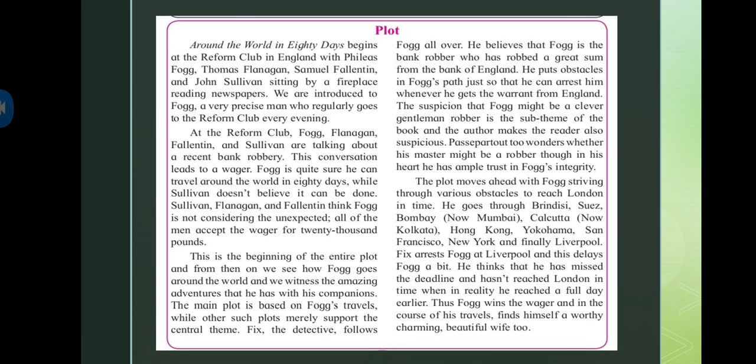There were some other characters also. We are introduced to Fogg, a very precise man who regularly goes to the Reform Club every evening. So in a very short way, we have been introduced to the major character who used to go to the Reform Club every evening.